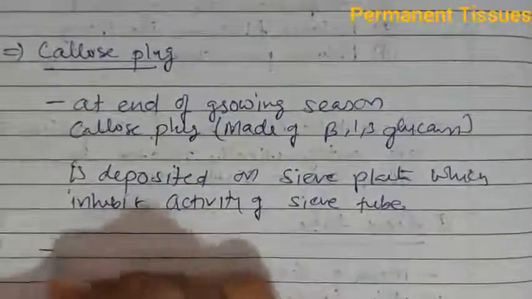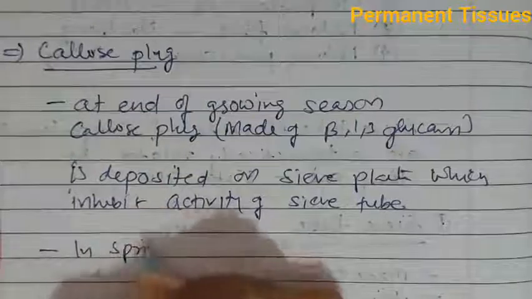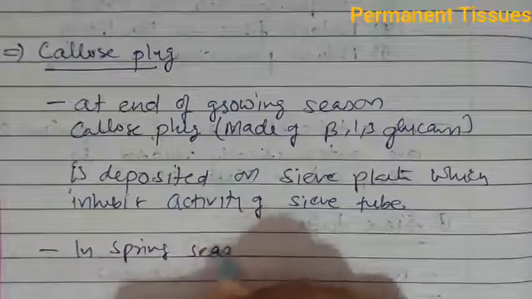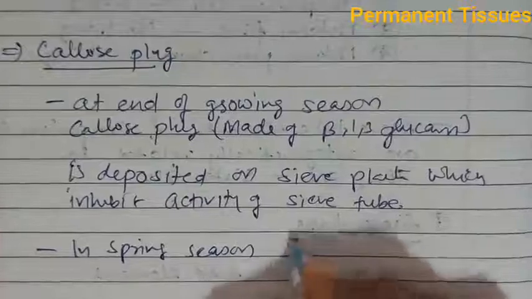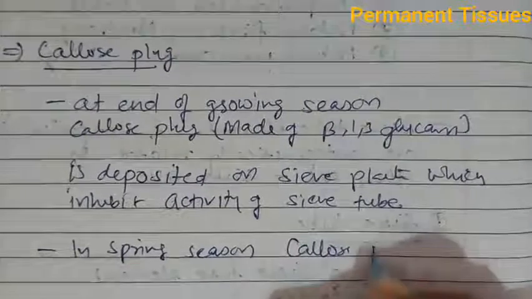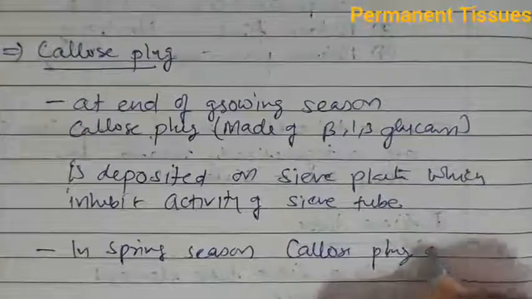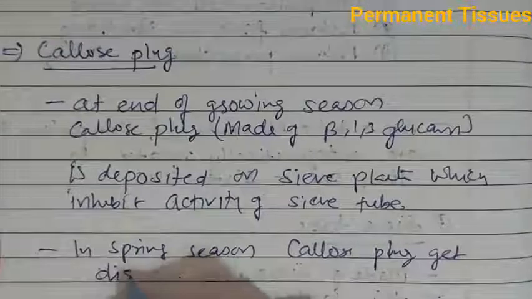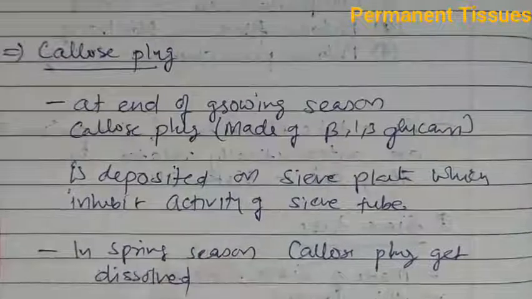In spring season, the callose plug gets dissolved. So this is about the sieve tube.